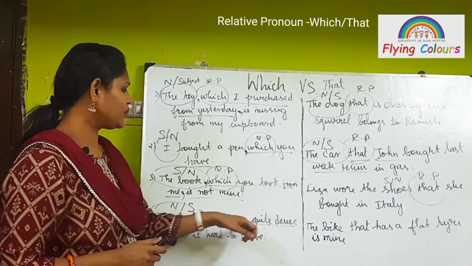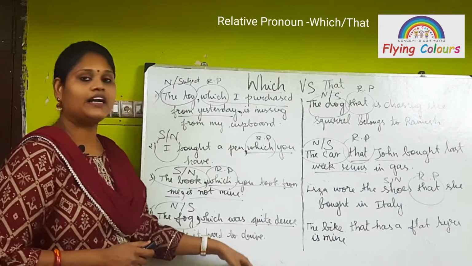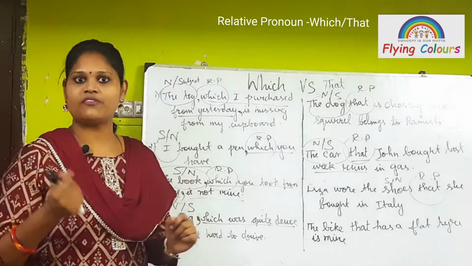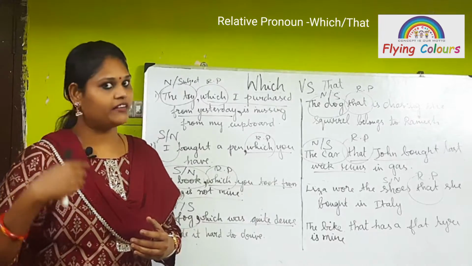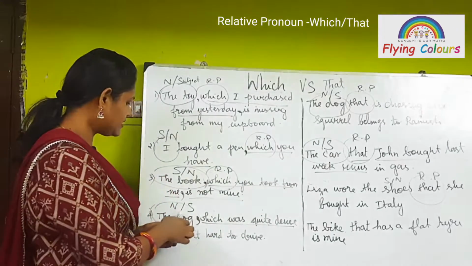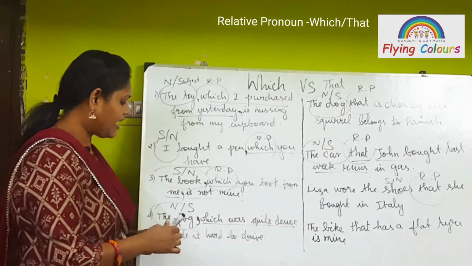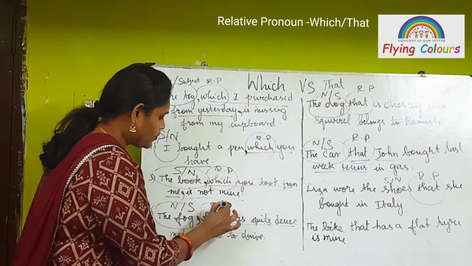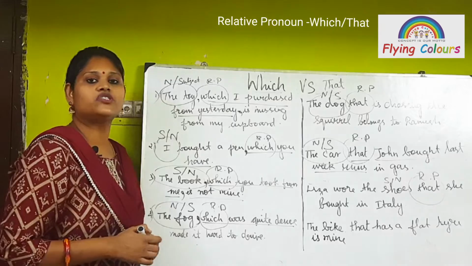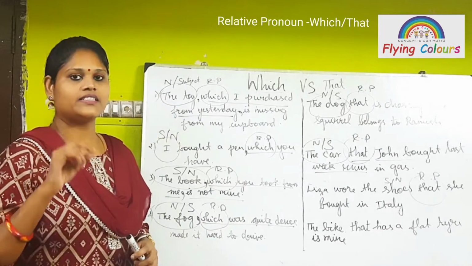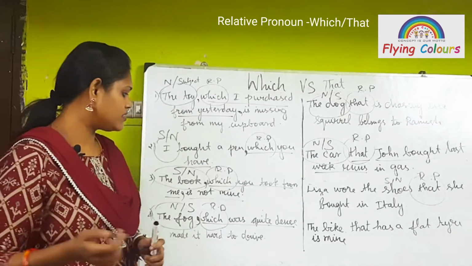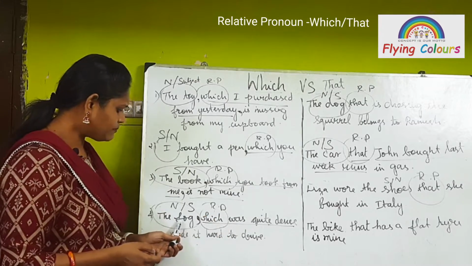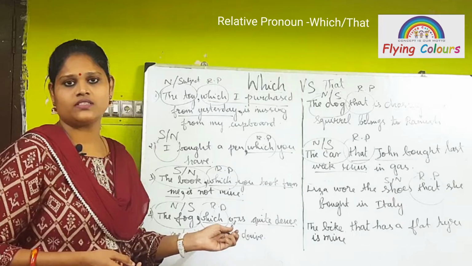The fog, which was quite dense, made it hard to drive. When a place is surrounded by fog, driving is very difficult. You can't see what is coming in front of you. So here the fog is the subject, and after the subject you can see the relative pronoun which. Whenever which comes, that is a non-essential clause. A clause is nothing but a group with a subject as well as a verb. Is it clear?